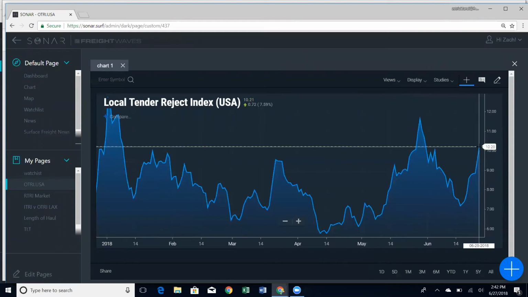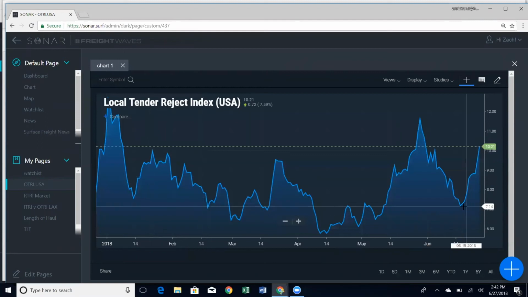And I think Zach would like to kind of give you a little idea of what that number can tell you from a U.S. standpoint. So effectively, these length of haul indices are giving you a broader market overall, like in terms of the United States, what's happening in the general country.